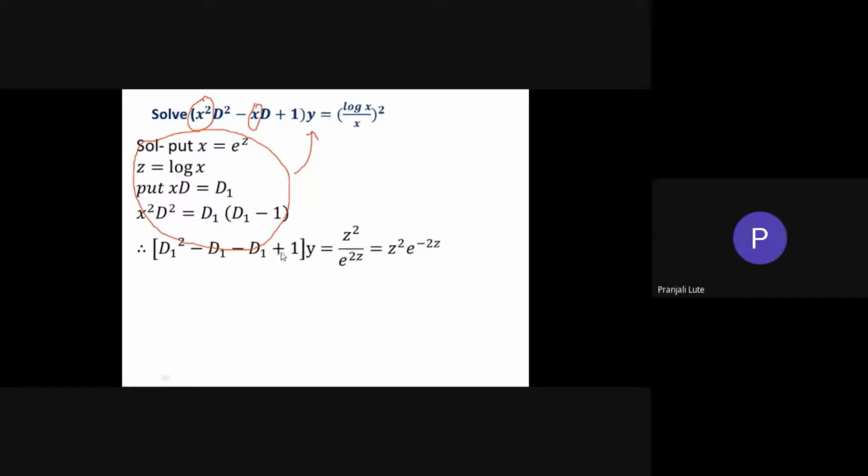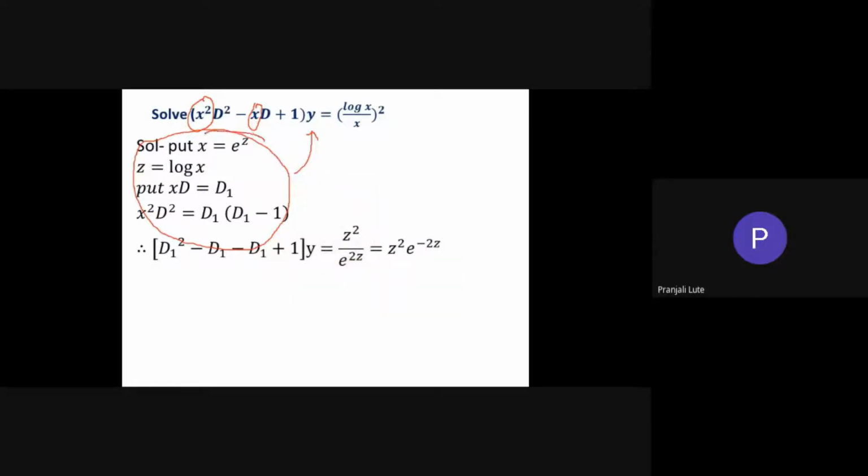So log x is z. So here write down z square upon x square. X is e to the power z. What is the value of x here? X is e to the power z. So x is equal to e to the power z.